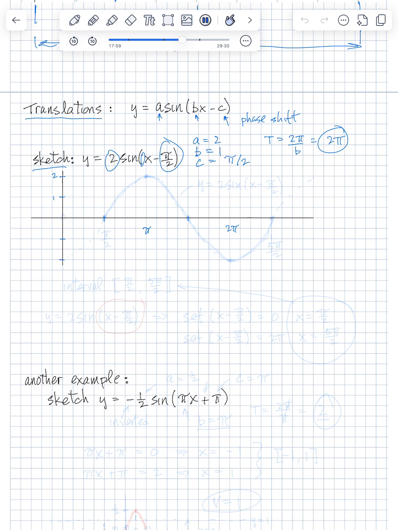Normally we would start here with a sine, but we're shifting it to the right, pi over 2. So here's where our first beginning point is. And now I'm going to fill in the other dots right here. So now we shifted it. I'm going to do my dotted line again.